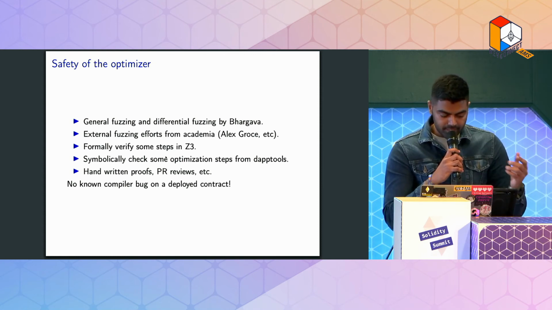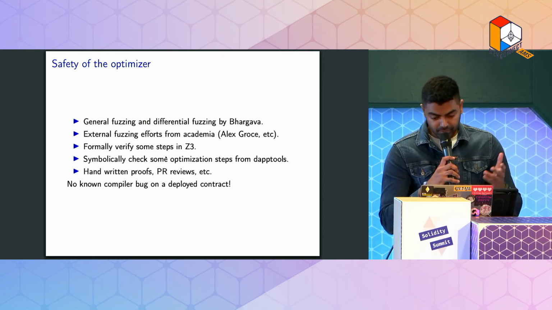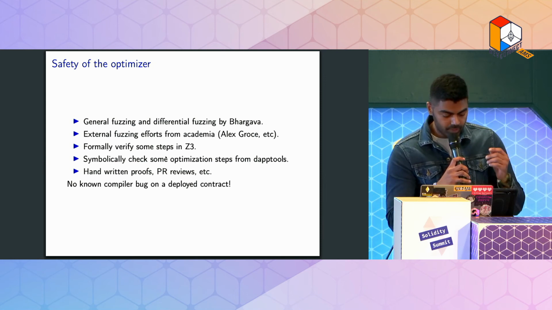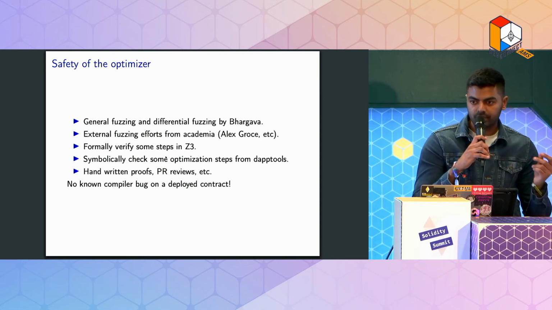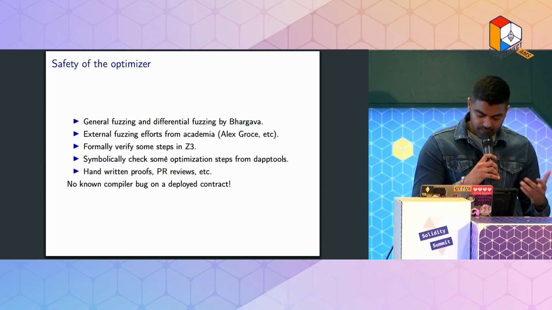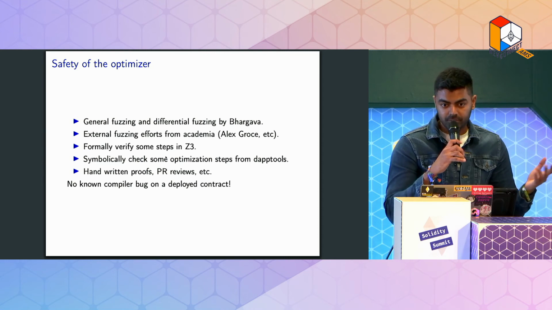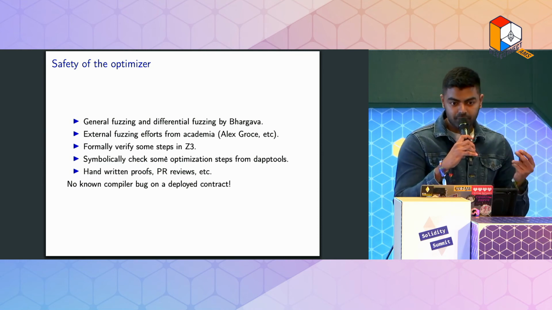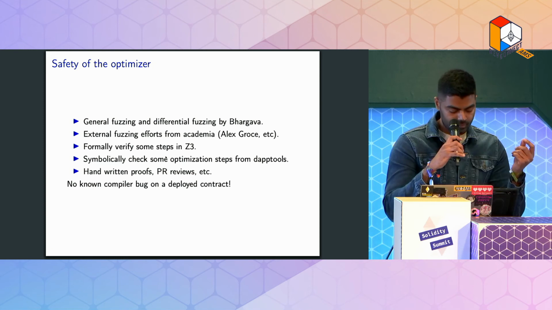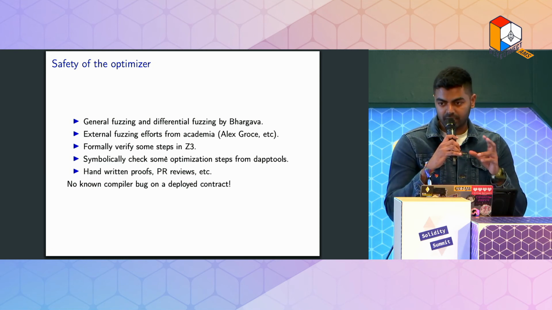There are also some external fuzzing efforts from academia. Alex is one such contributor. And we also try to formally verify some steps whenever we can. So the team has written a minimal version of an EVM symbolic execution engine. Whenever we have a simplification rule, for example, the trivial one, add of x comma 0 equal to x, we can try to write a proof in this symbolic framework that these two expressions are actually equivalent in the EVM.